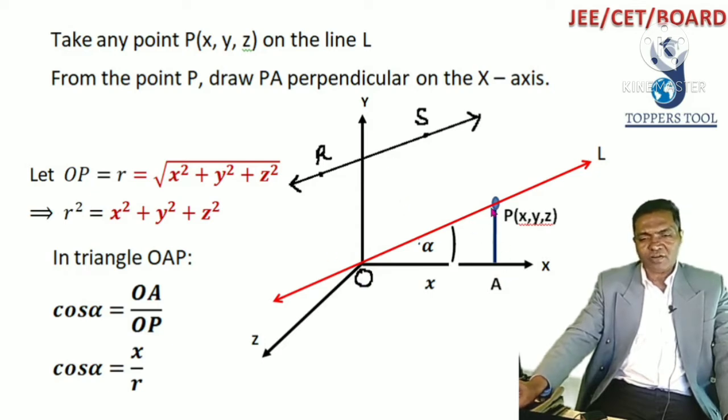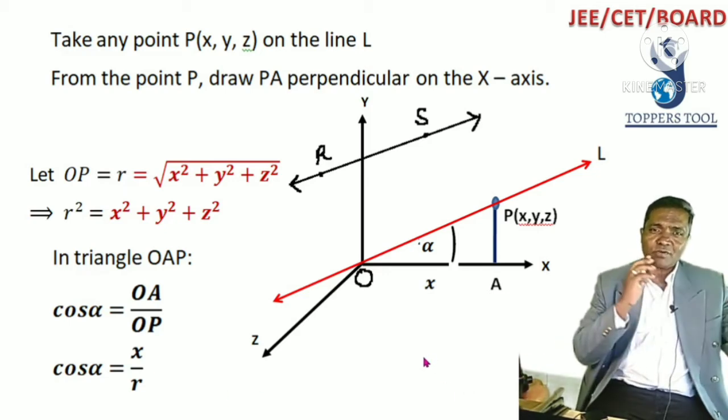Because this is along x axis, this distance is x. So from the triangle OAP, cos of this angle is adjacent by hypotenuse. So cos alpha is adjacent OA and hypotenuse OP. So you can write OA by OP, and OA is your x and OP we have taken as r here. So substitute here. So cos alpha is equal to x by r.